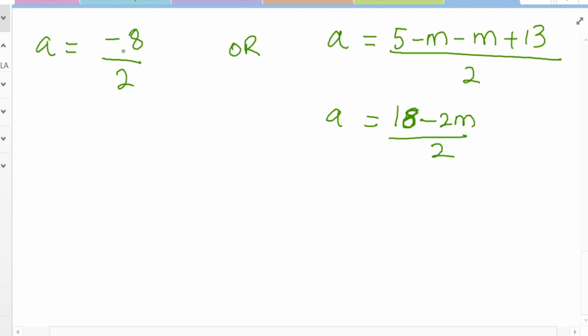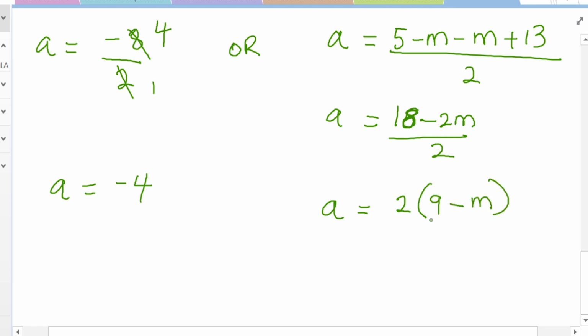Definitely this is divisible by 2, so here we have a is equal to negative 4, and here we have a being equal to, let's factorize the things on top, that is 9 minus m over 2. If this goes with that, we remain with our value of a as 9 minus m.